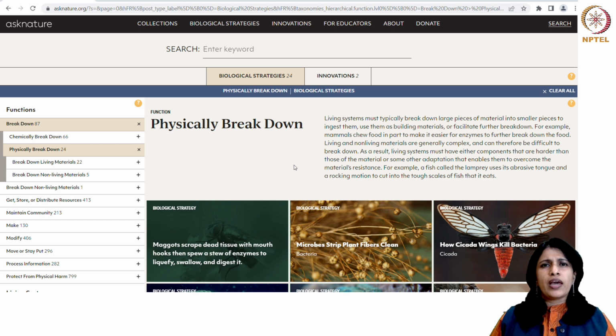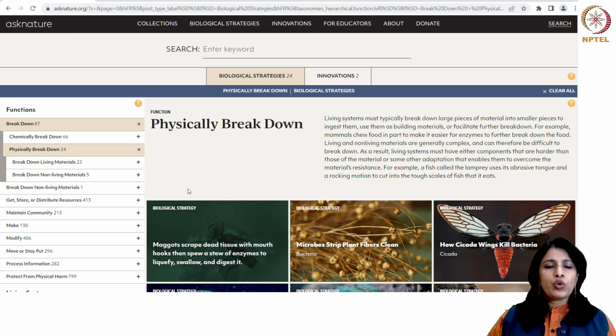Now, some of you must be thinking, this looks highly technical. This is only for engineering students. It's for engineering people. It's for researchers in science, etc. But that's not true. Biomimicry can be used in other fields as well, using the same concept of function and strategy.